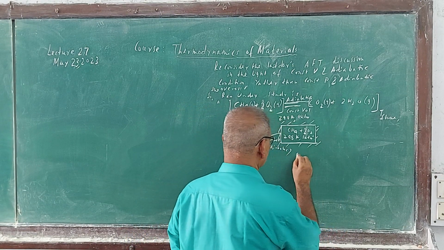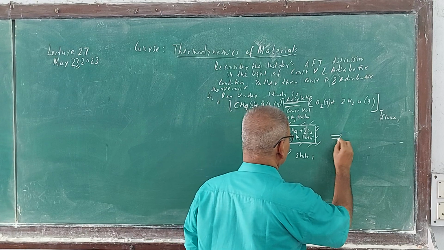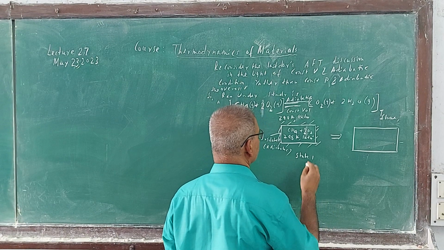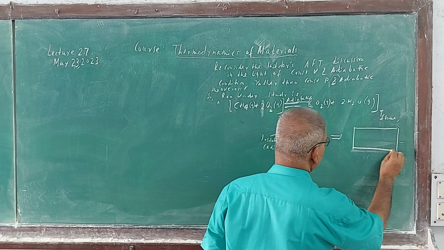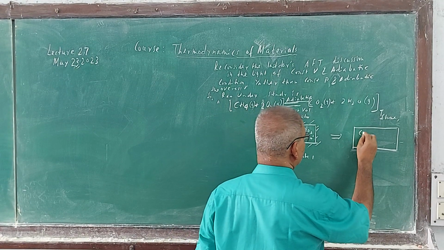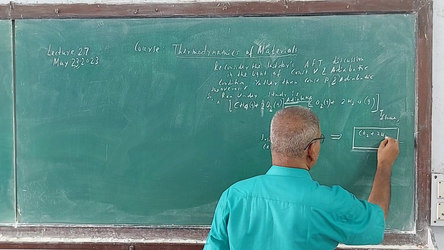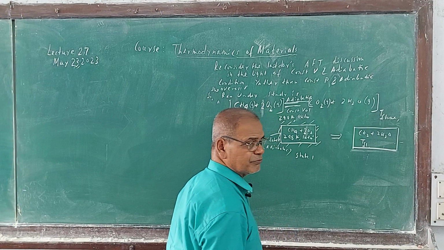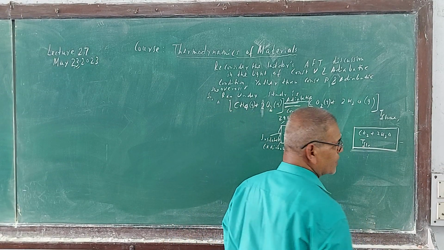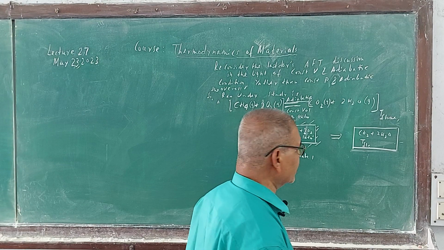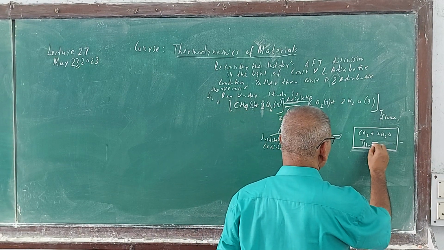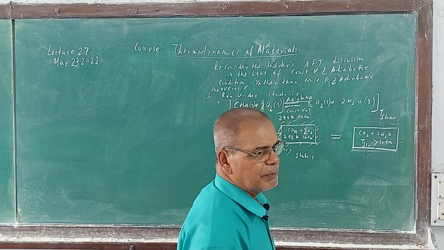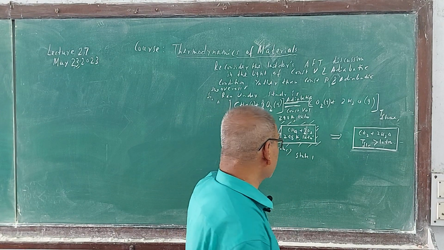And what is state 2? State 1 goes to state 2. State 2 is constant volume. It should look the same: CO2 plus 2H2O, at the hot temperature, T flame. Pressure will not be 1 atmosphere, it will be greater than 1 atmosphere. Why?